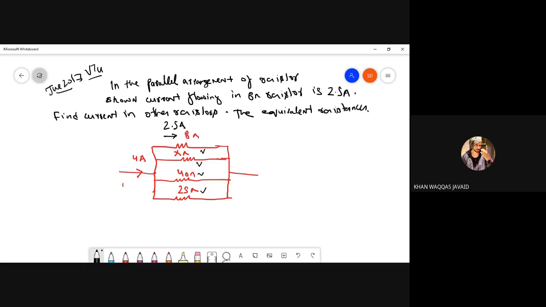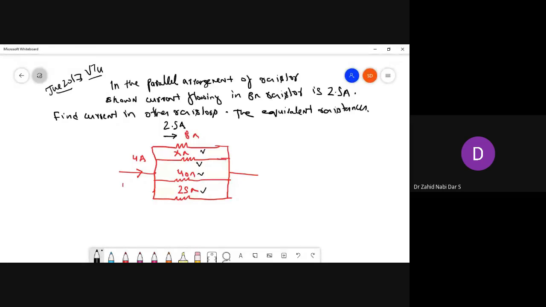Sir, it's 100 ohms. Any other? What is the R equivalent value?